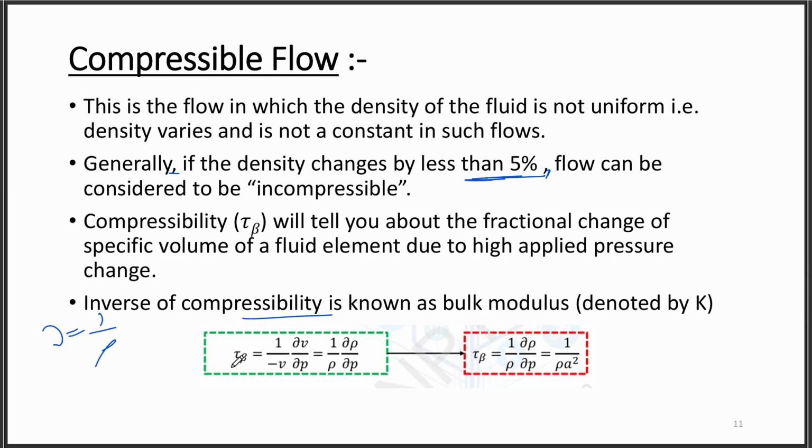So we can substitute it also here. So dou v equal to minus 1 by rho square dou rho. If we divide it by v, we'll get minus dou rho upon rho. So if we substitute it here, we'll get tau equal to 1 by rho dou rho upon dou p. It can also be written as 1 by rho a square. This we'll see next how.